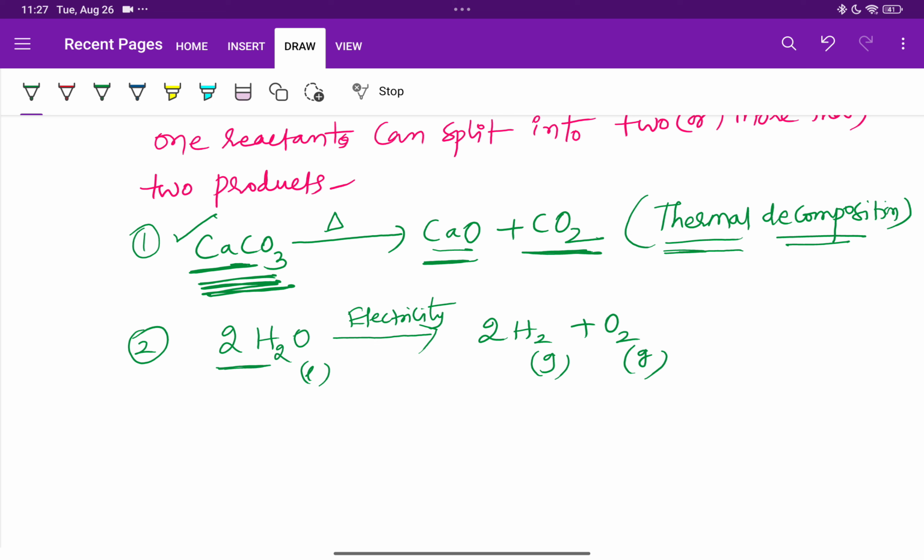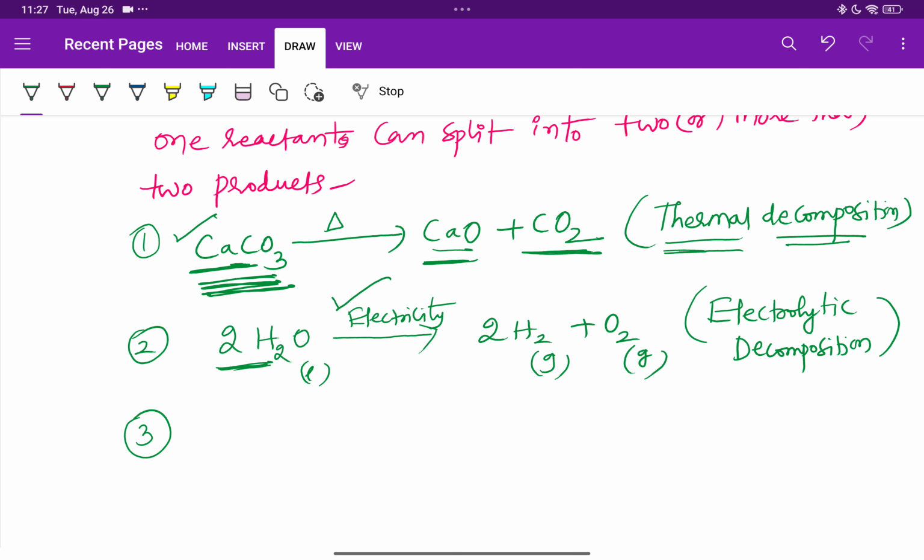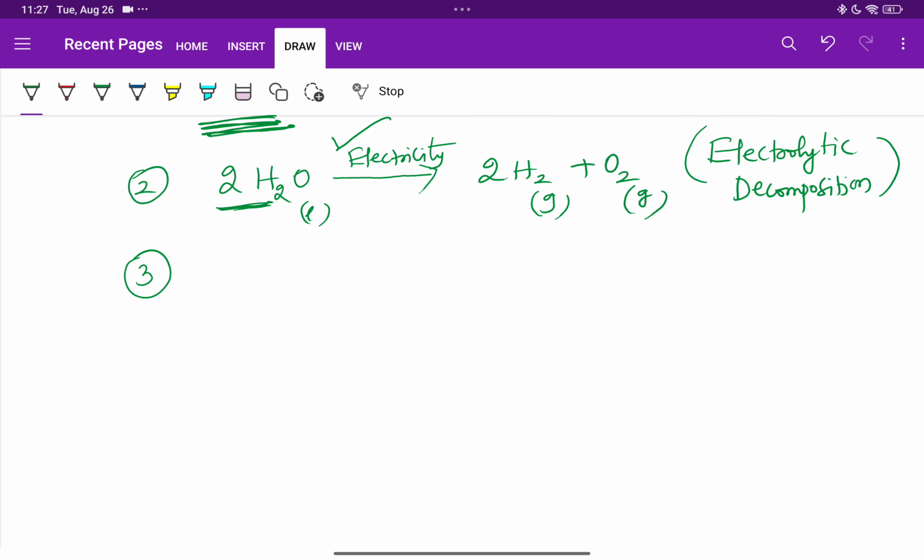So here the water is involved in decomposition with the help of electricity. Then this type of reaction is called electrolytic decomposition reactions.